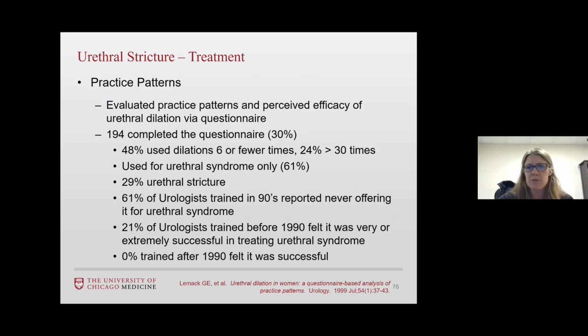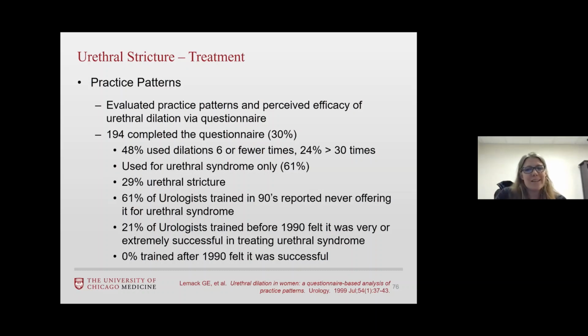I know I'm running low on time, but I think this is important, and obviously you guys are being taught this because you're residents currently. There was a nice study done in 1999 evaluating the practice patterns and perceived efficacy of urethral dilation by a questionnaire. Some people still use urethral dilation: about 61% said they use it for urethral syndrome, and the other 30% for urethral stricture.